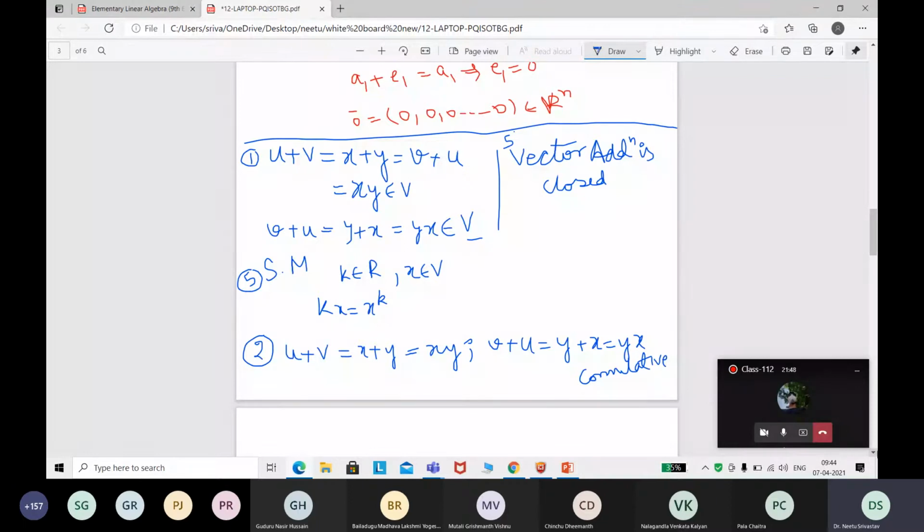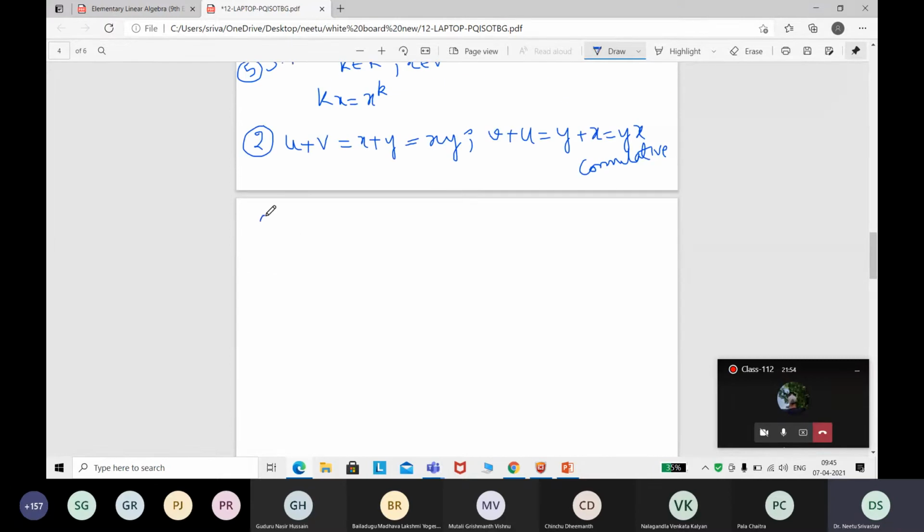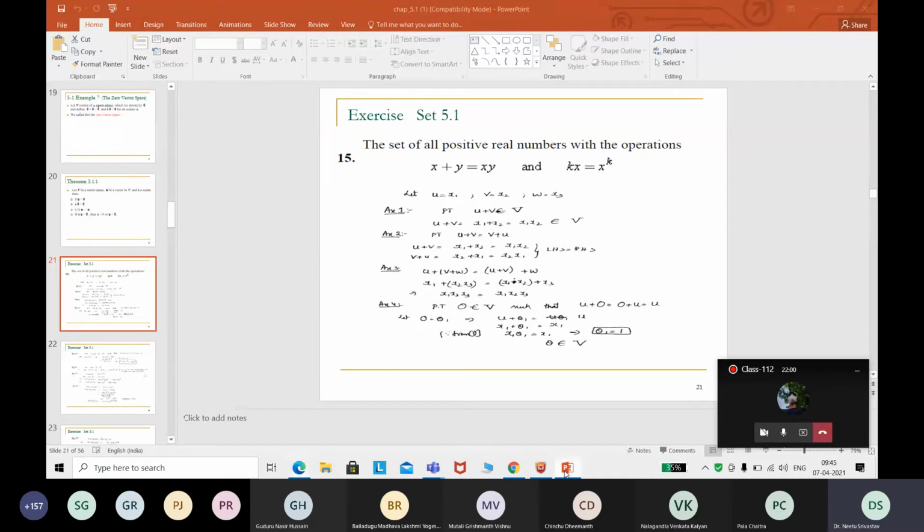Next is the third one, our criteria for associativity.